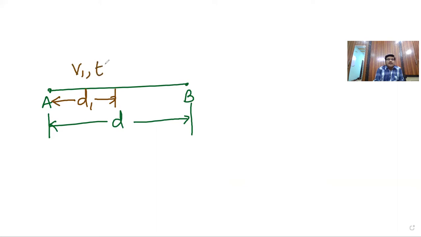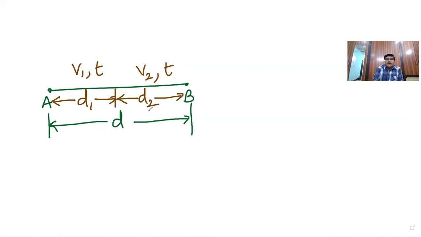Time is T, equal time interval. The other portion D2 is covered with the speed of V2, time is same, T. In both cases the time interval is same.